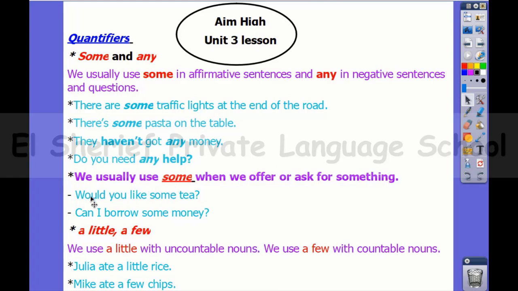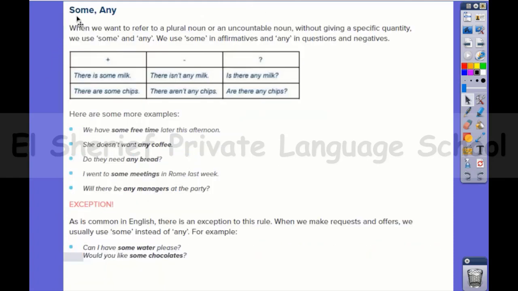For example, would you like some tea? So this is an offer. Can I borrow some money? This is a request. So when we want to refer to a plural noun or an uncountable noun without giving a specific quantity, okay, we use some and any.